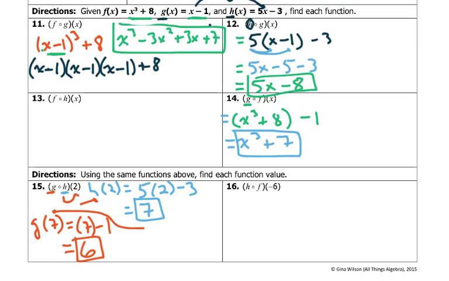All right, and last one here, f of negative 6. We're doing f first here. I'll use the same colors, same order here. f of negative 6 equals negative 6 cubed plus 8.